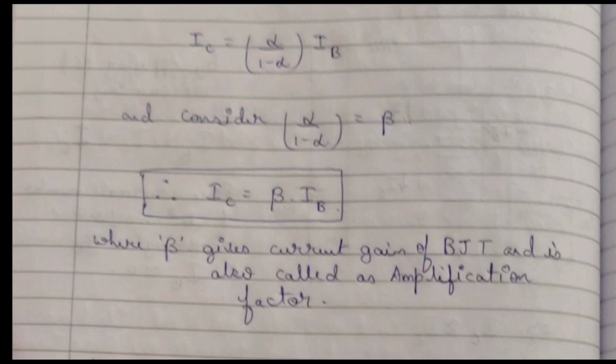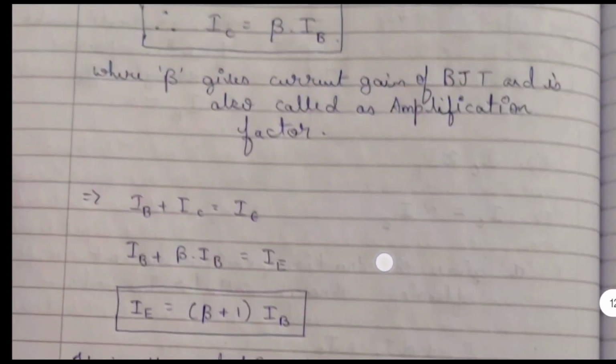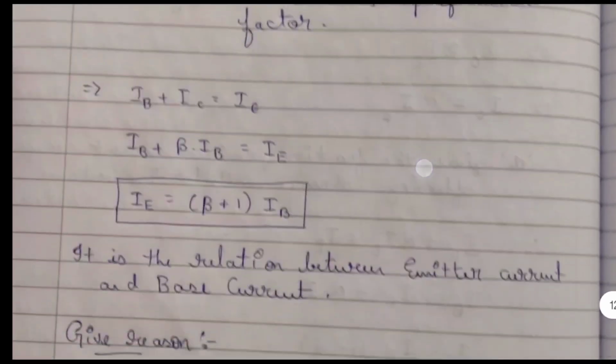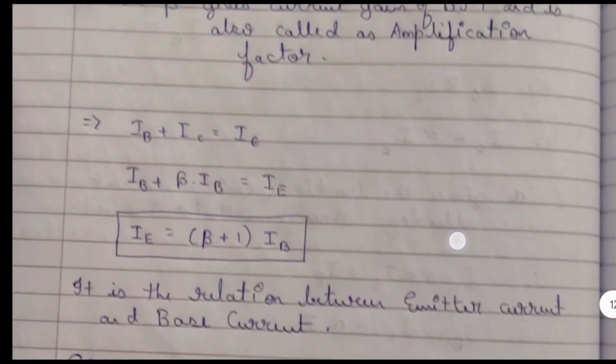That is what beta gives you, and later we have substituted the beta value in the same equation, IB plus IC equals IE, and after substituting the IC value as beta IB, we have got that IE equals beta plus 1 times IB, and it is the relationship between the emitter current and the base current.